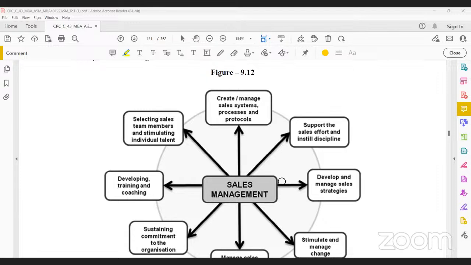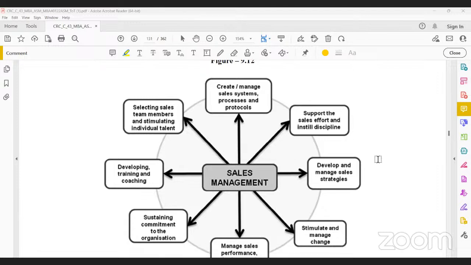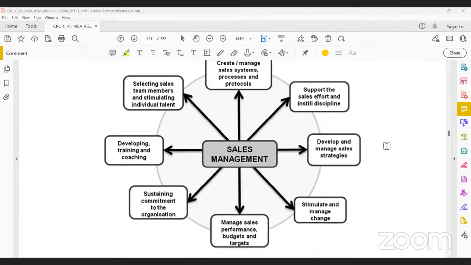Develop and manage sales strategies. First, the firm has to develop these sales strategies. Once they develop these strategies, they need to manage, implement, evaluate and measure them. After this, stimulate and manage changes.